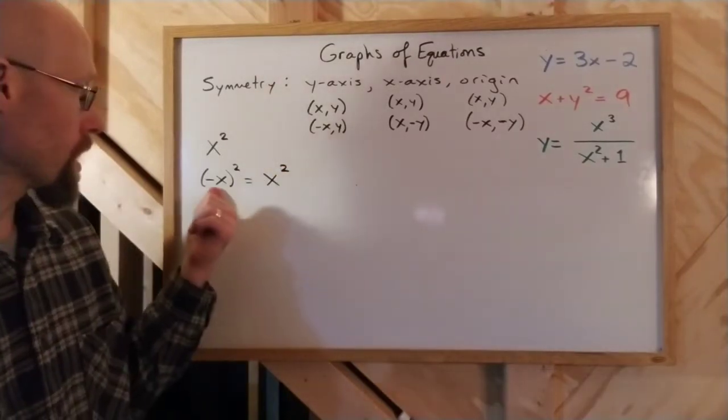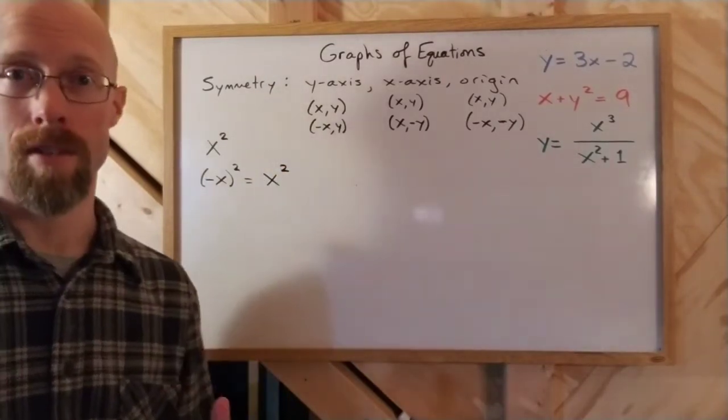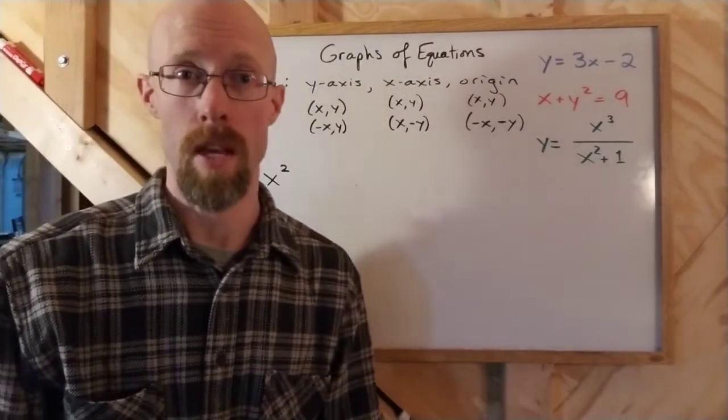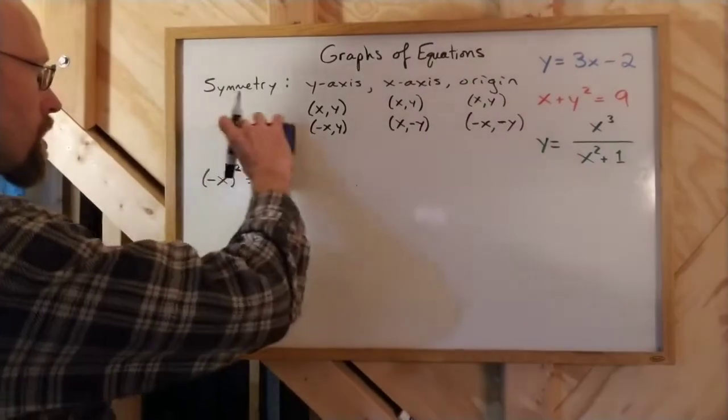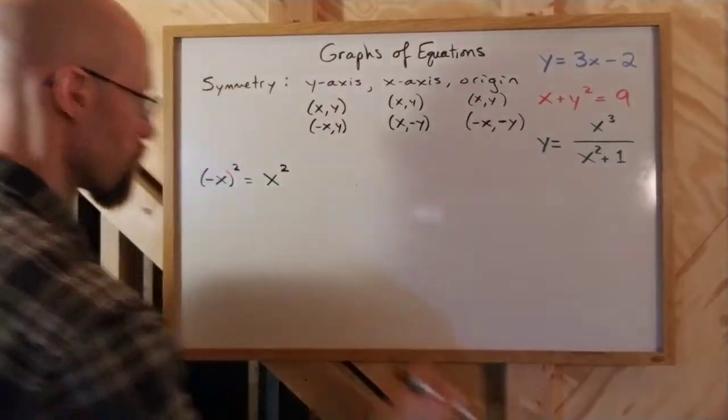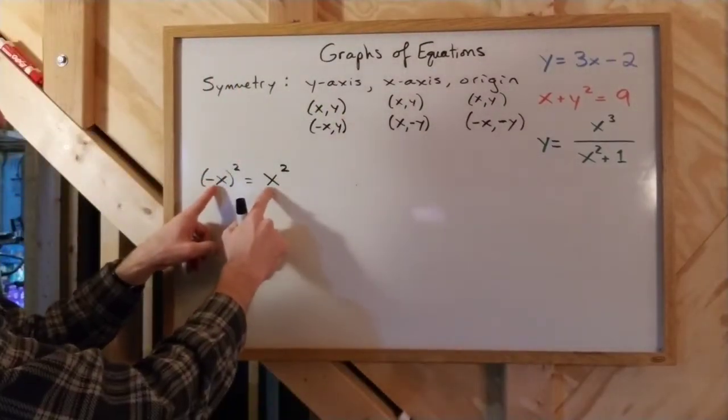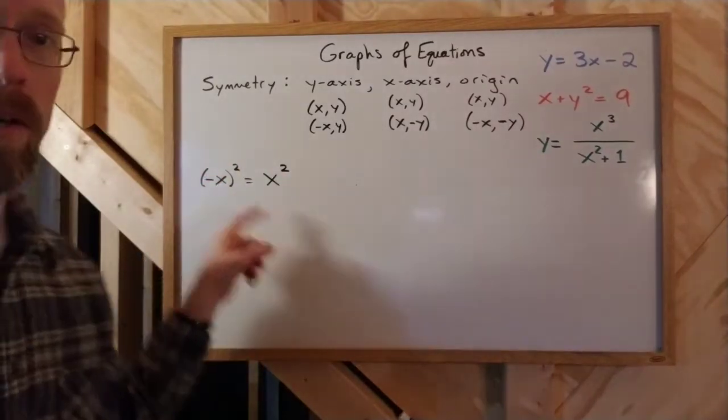A negative number squared and a positive opposite squared are always going to be the same thing. So basically, whether you square a number or its opposite, it doesn't matter. You're always going to get the same result.